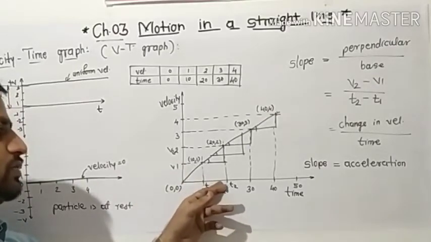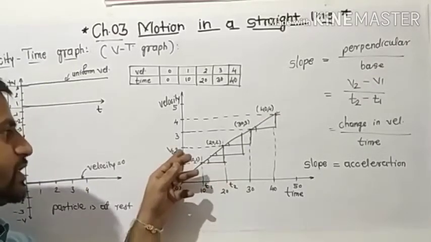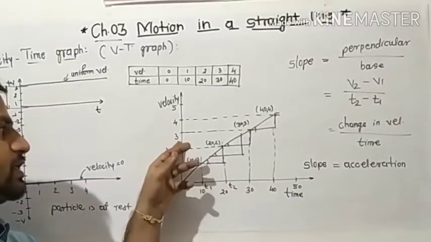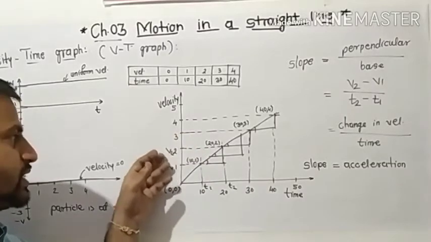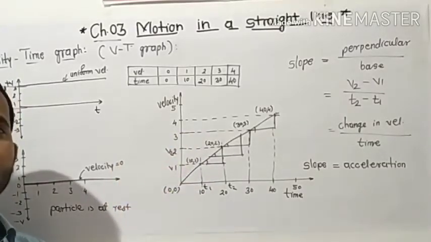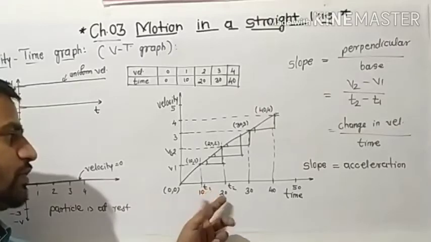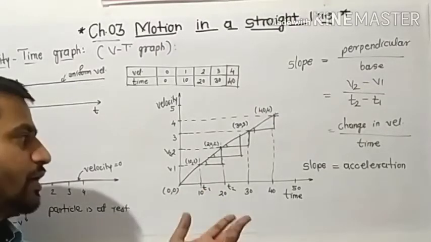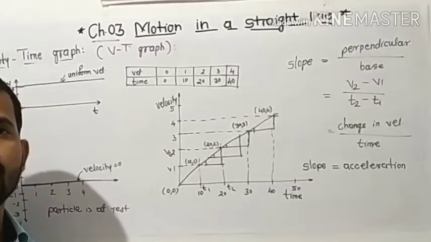Then the time increased by 10 seconds, the velocity increased by 2. Time increased by 10 seconds, the velocity increased by 1. So at each step the velocity increases in equal steps for equal time intervals. So in that case it is uniform acceleration.